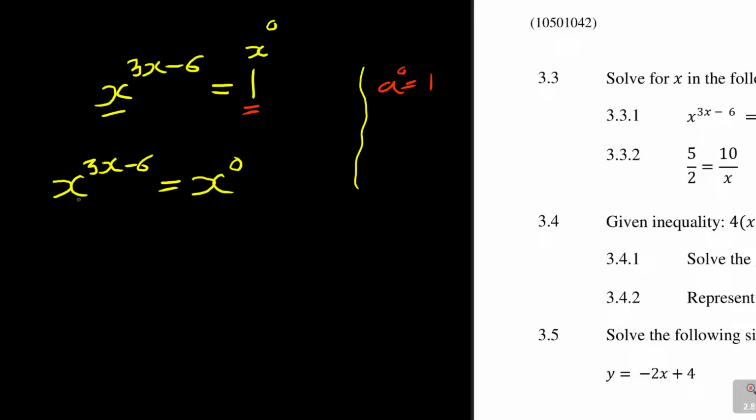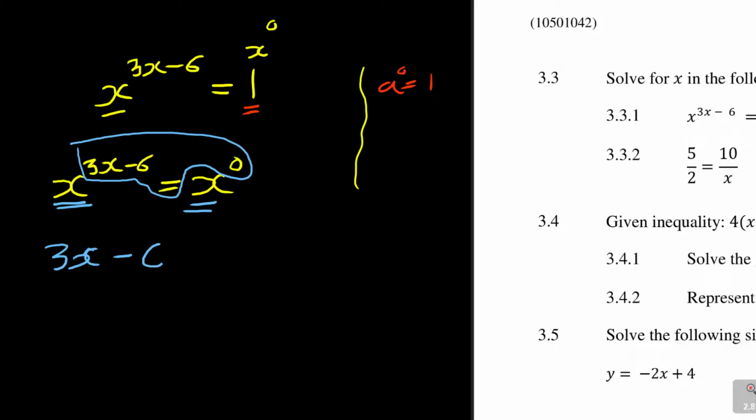You see that? So when you have got that, the equation says if the bases are the same, you take these two, the exponents, you equate them. Look what I'm going to write now. I'm going to write this 3x minus 6 is equal to 0. You equate.